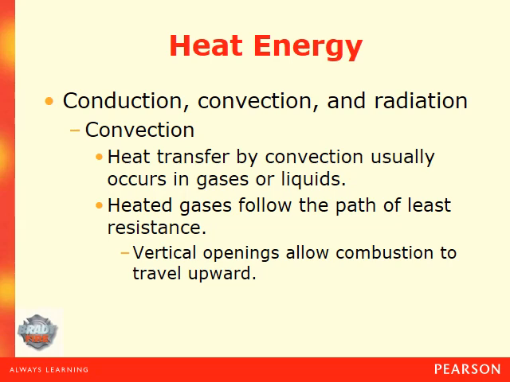Convection is another process, kind of like your convection ovens, but the heat transferred by convection usually occurs in a gaseous or liquid state. Heated gases follow the path of least resistance, such as vertical openings. A good example of this is in the fire behavior video in this week's lesson in Blackboard.